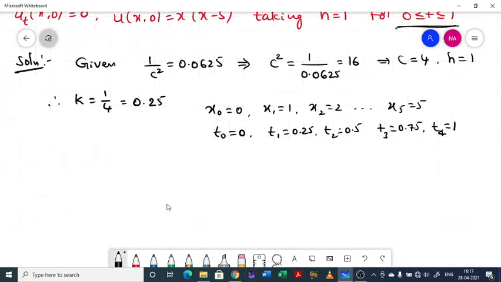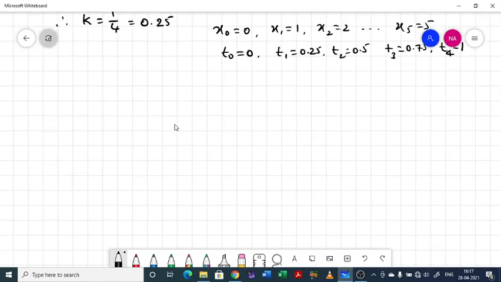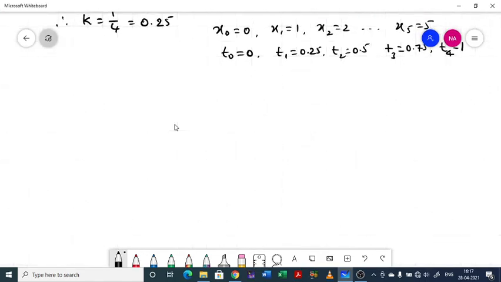So next you have to write the informative table. Informative table means you have to write these values: x naught, x1, x2, x3, x4, x5, that is 0, 1, 2, 3, 4, 5.